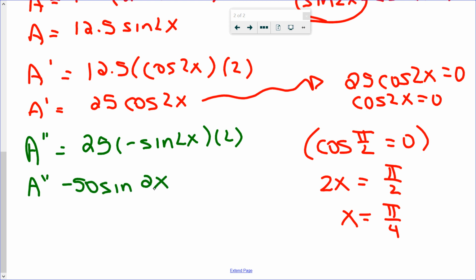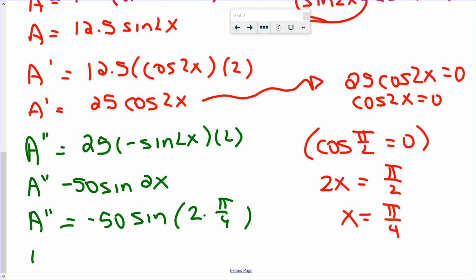So let's plug our critical value in and just see if our second derivative will be positive or negative. So negative 50 sine of 2 times pi over 4. So that means my second derivative is negative 50 sine of pi over 2.